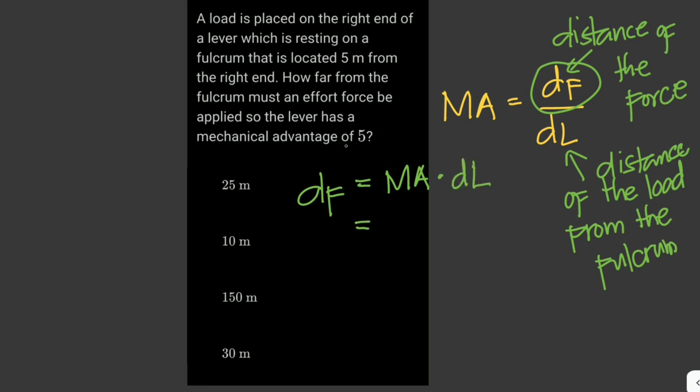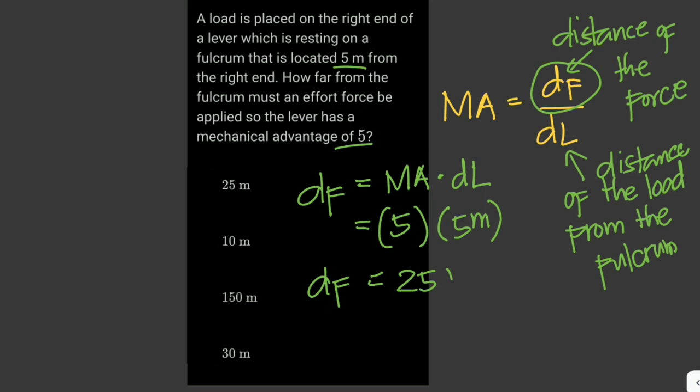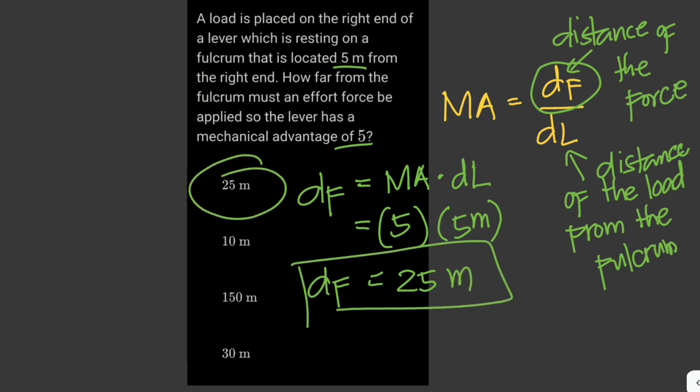We're given here a mechanical advantage of 5, so that would be 5 times dl, which is given to us as 5 meters. So the distance of the force would be 25 meters. So the answer is this one.